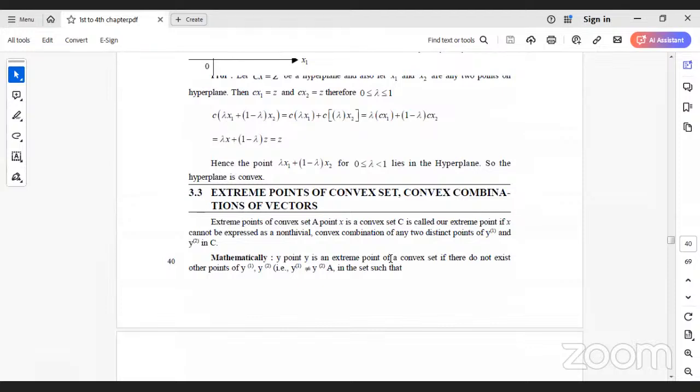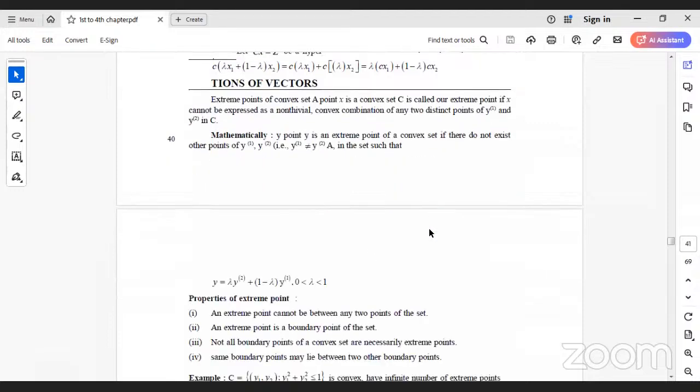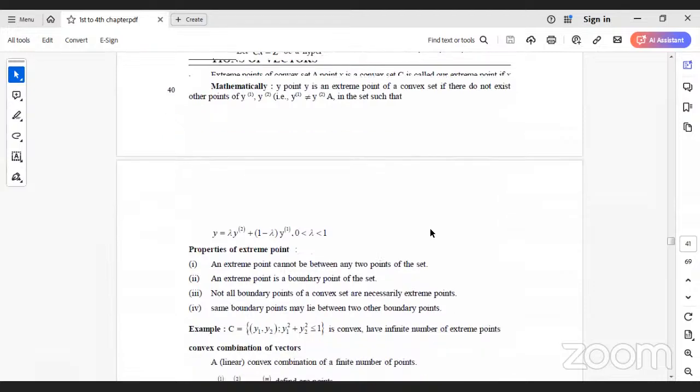Extreme points of a convex set: a point x in the convex set C is called an extreme point if x cannot be expressed as a non-trivial convex combination of two distinct points y¹, y² in C. Mathematically, a point is an extreme point of a convex set if there do not exist other points y¹, y² in C with y¹ not equal to y², such that x = λy² + (1 − λ)y¹, 0 < λ < 1.